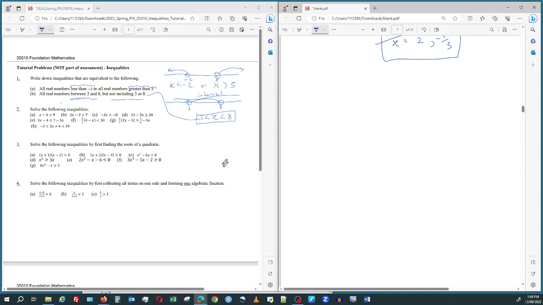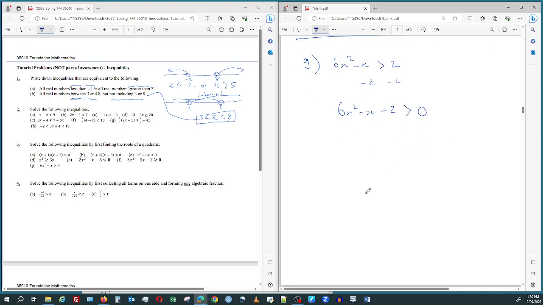All right, so the final one then is G. So we'll do G, and the video length is not too bad. Okay, so we've got 6x squared minus x is greater than 2, so we're going to subtract 2. And so the one that we're looking to do is this one. And so I'm going to complete the square on this because I don't know what it looks like.